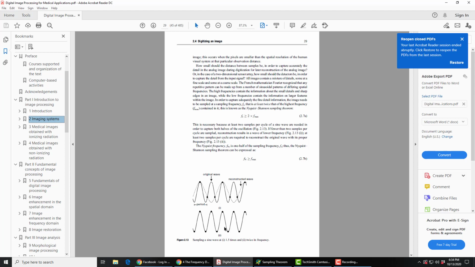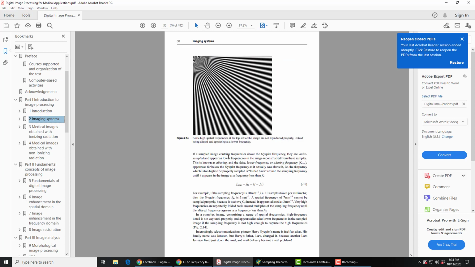We can get the sine wave back just about when we take 2 samples per period. So we can get back all the frequencies up to the Nyquist frequency. Frequencies above the Nyquist are undersampled and they appear as lower frequencies in the reconstructed image. And that's what we know as aliasing. These lower frequencies are the aliasing frequencies.